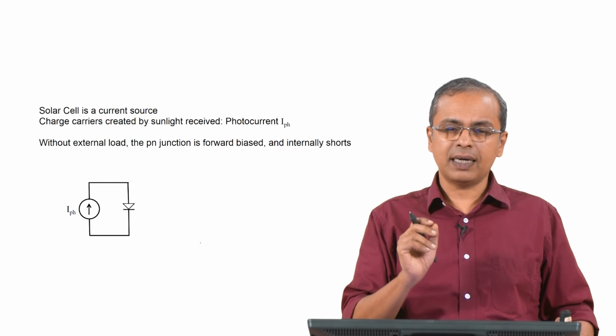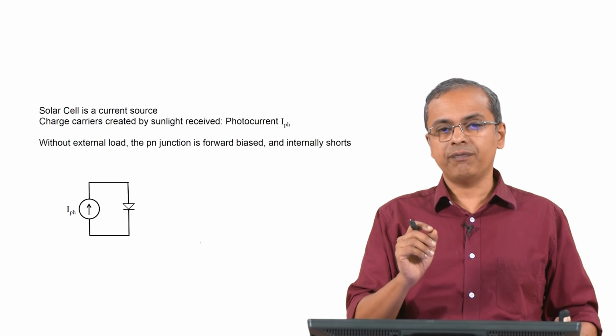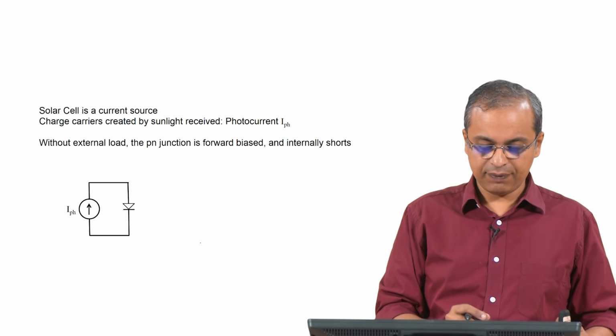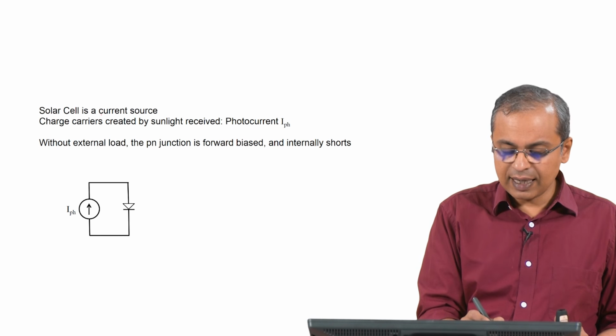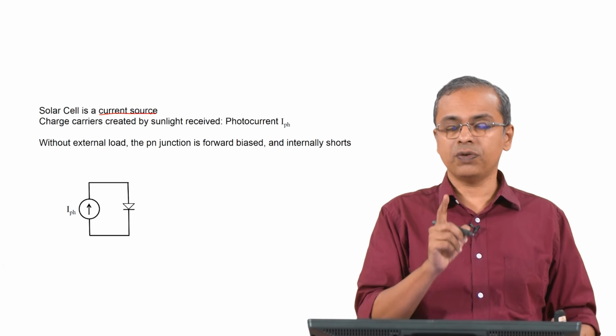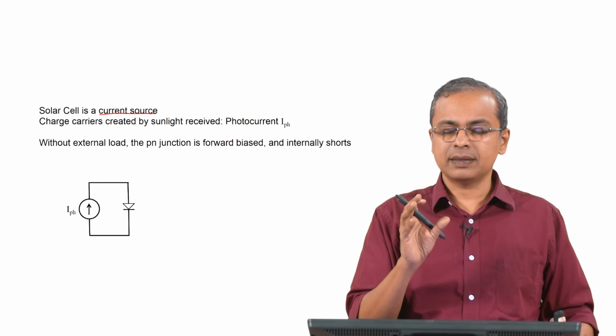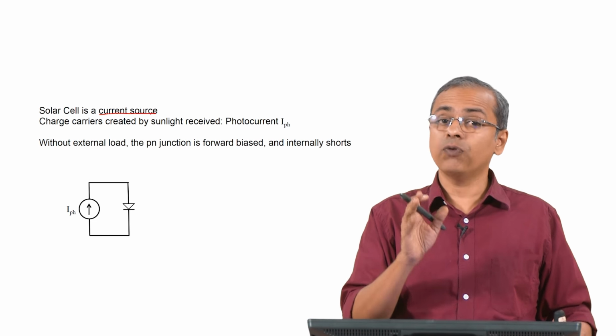The one important aspect of a solar cell that we have to keep in mind, which we will discuss in greater detail in one of our immediately succeeding classes, is the fact that a solar cell is a current source, as opposed to most of the units that we get for any other purpose, which happen to be voltage sources.